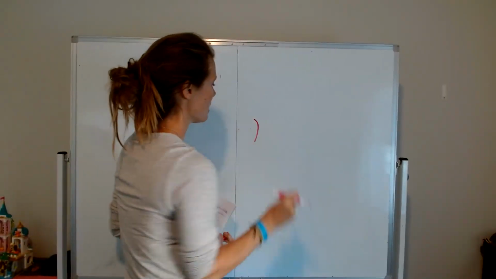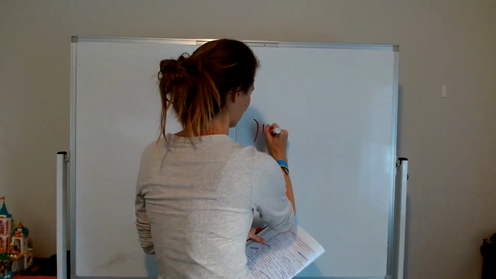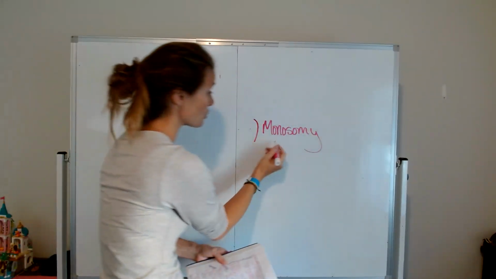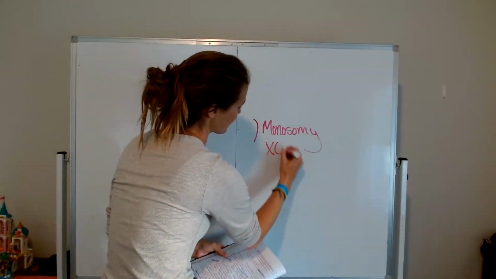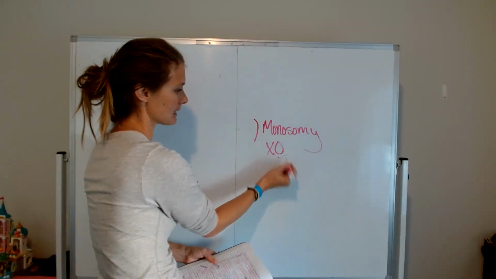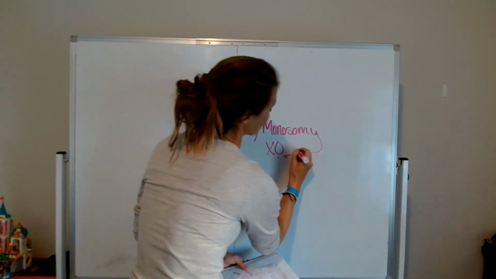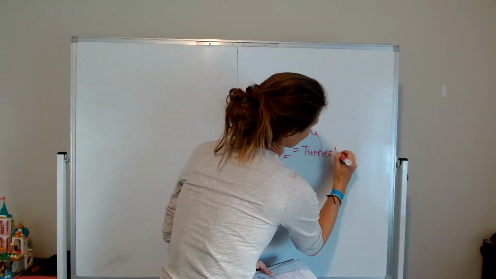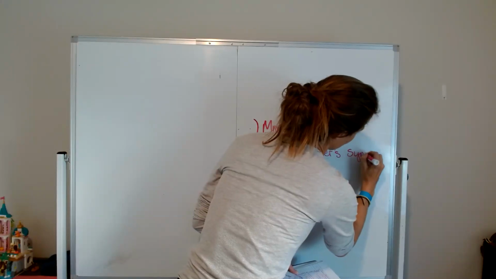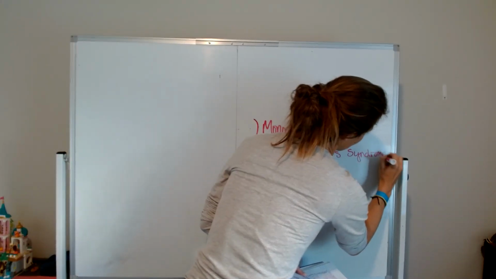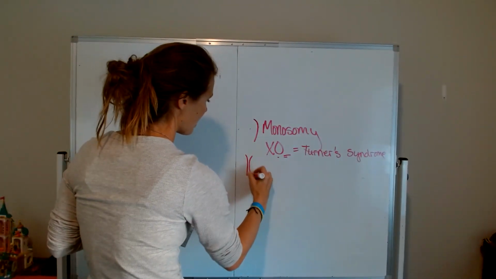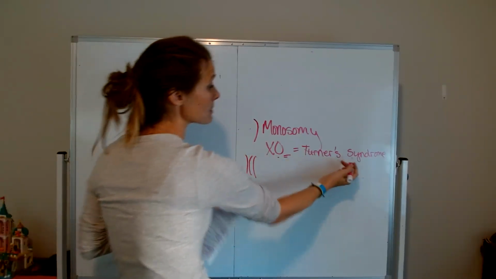This is called monosomy, where we lose one. So this would be like X0. Didn't get another X, didn't get a Y. That would equal Turner syndrome. Now, trisomy, which we hear about, that's pretty much the only one.